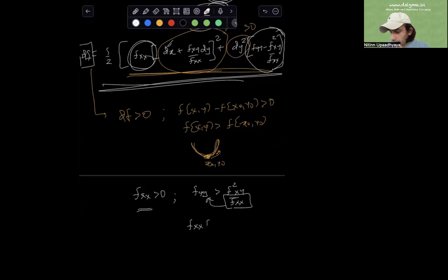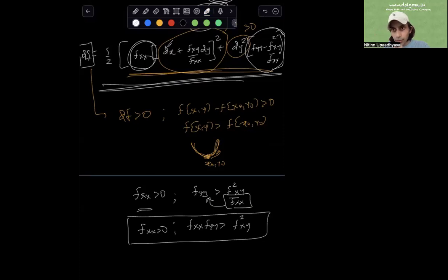This gives me fxx fyy is greater than fxy squared. So as long as we ensure that this is true, no matter which direction we step away from the point x naught, y naught, we'll always find that df is positive. And that guarantees that the point x naught, y naught will be a minima, right?